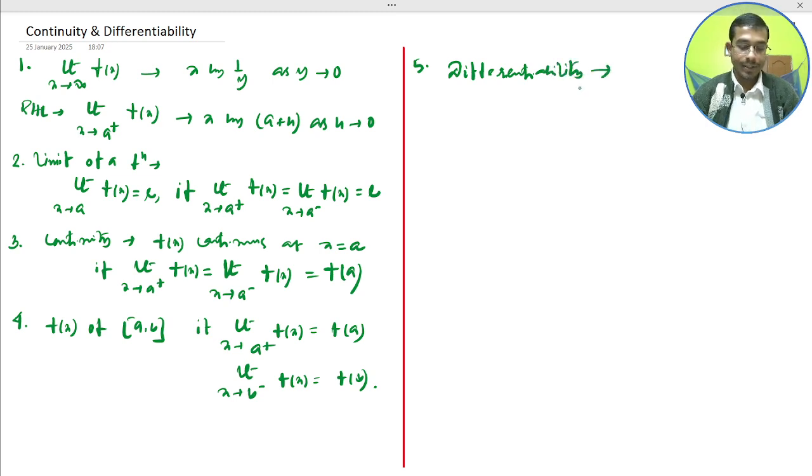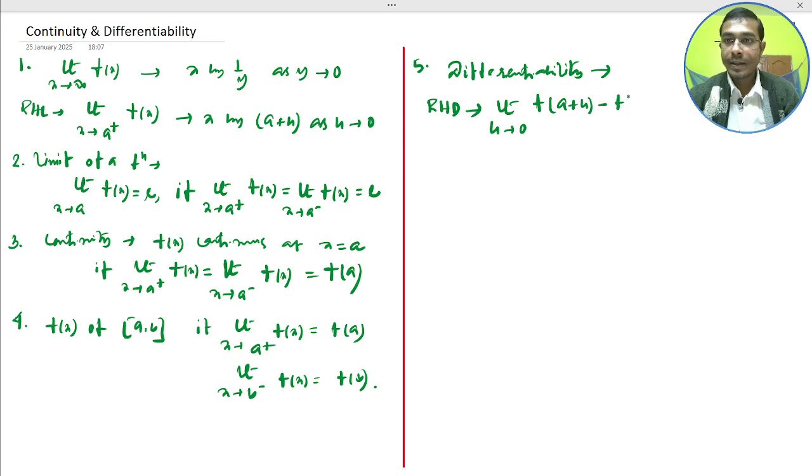Next part, the differentiability. First, the right hand derivative: limit h tends to 0 of f(a plus h) minus f(a) divided by h.